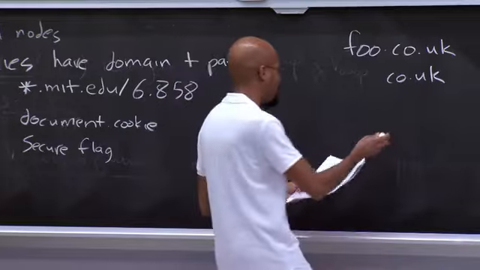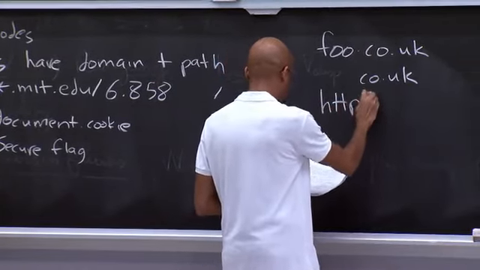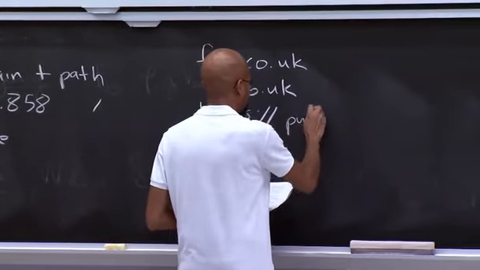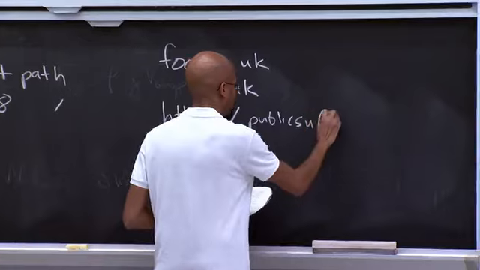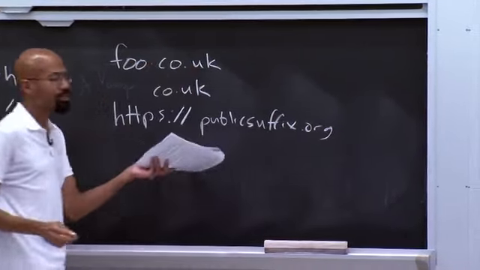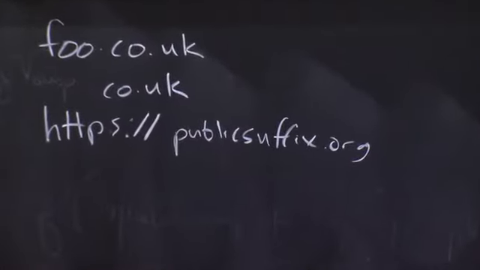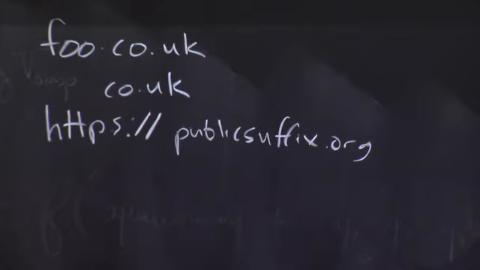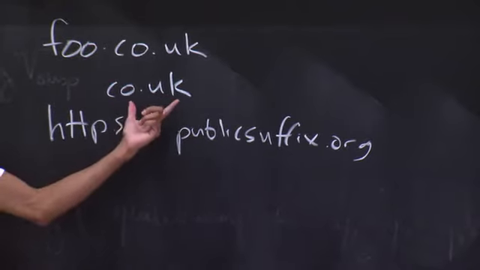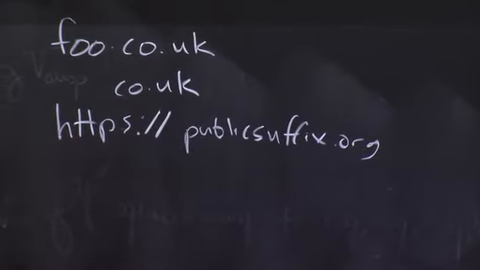Essentially Mozilla has this website called publicsuffix.org. What this website contains are lists of rules for how cookies and origins and domains should be shrunk, given that some things might have dots in them but actually should be treated as a single atomic thing.